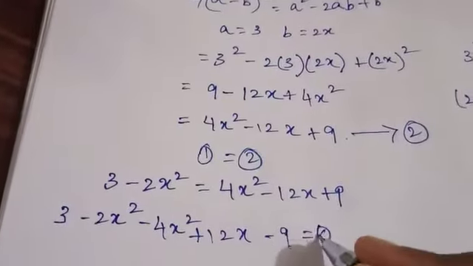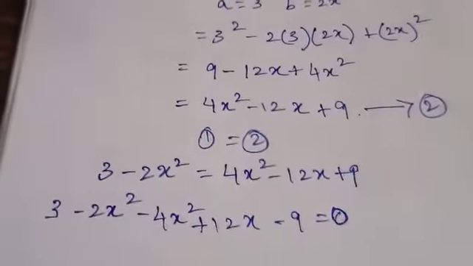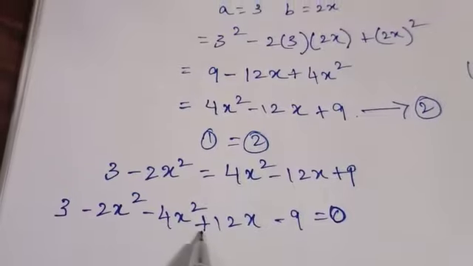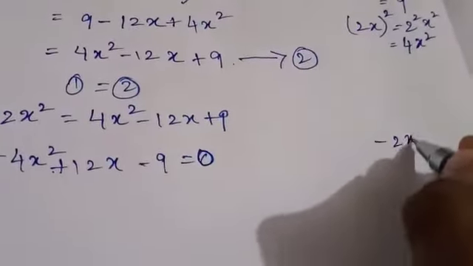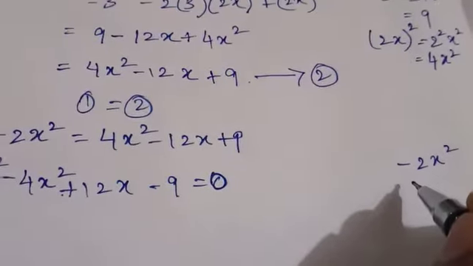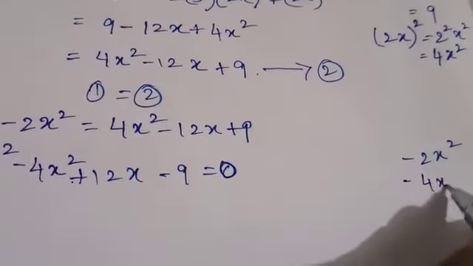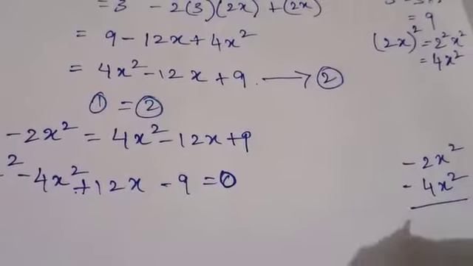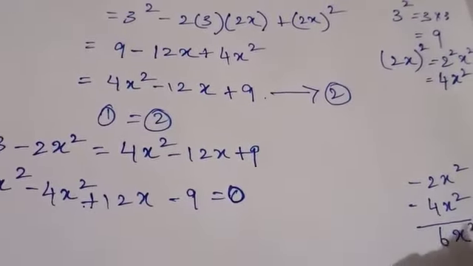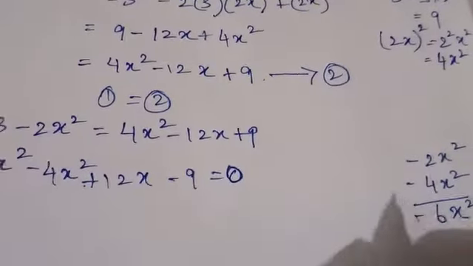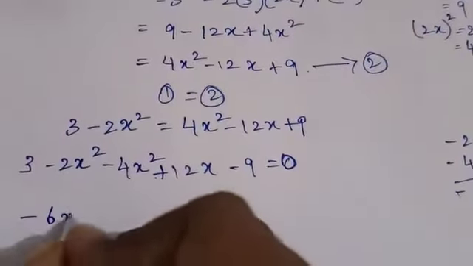Next, we have x square terms here, so I'm combining them into one. What are the terms? Minus 2x square and another one is minus 4x square. So 2 plus 4 is 6x square, and the greater number's sign is minus, so minus 6x square.